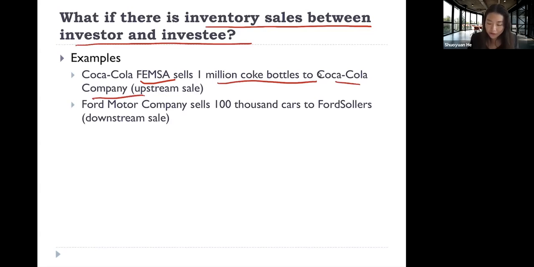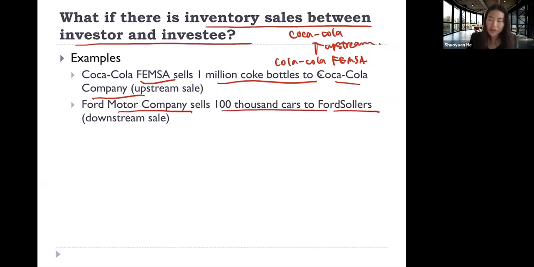Coca-Cola FEMSA is a bottling firm for Coca-Cola, and so this is an upstream sale. And in the other example, Ford Motors sells 10,000 cars to Ford Solars. Ford Solars is kind of a dealer for Ford Motors. So this is a downstream sale.